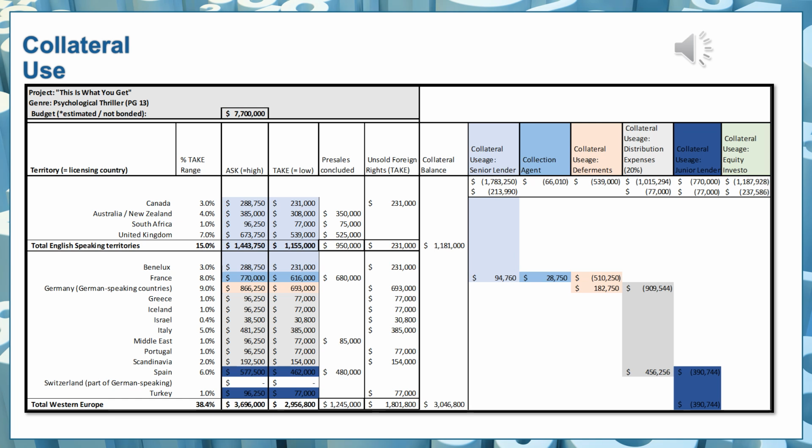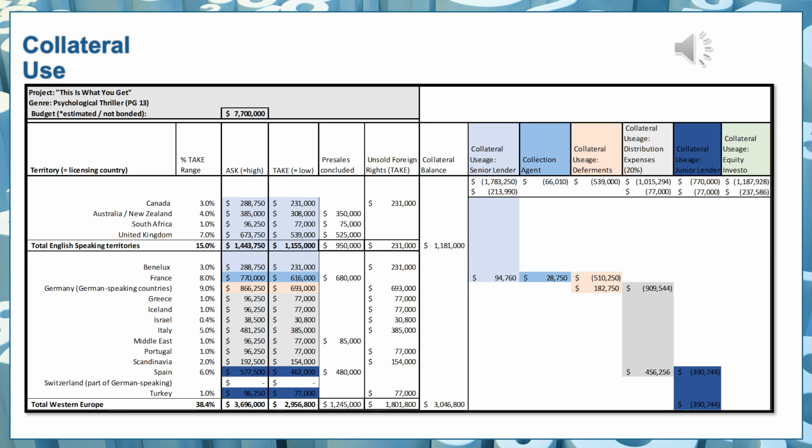So next, we're going to look at the collateral for the junior lender, and that takes us all the way down to Poland. So all of these territories would be used to pay the junior lender. And then the rest is going to go to the equity investor.